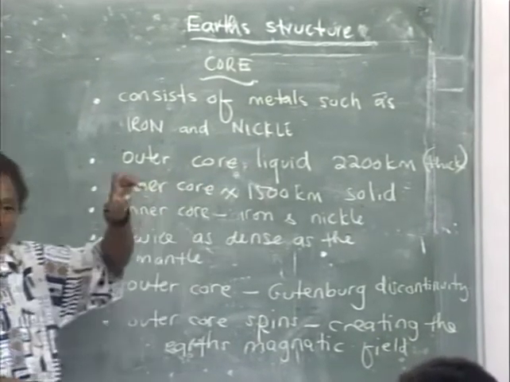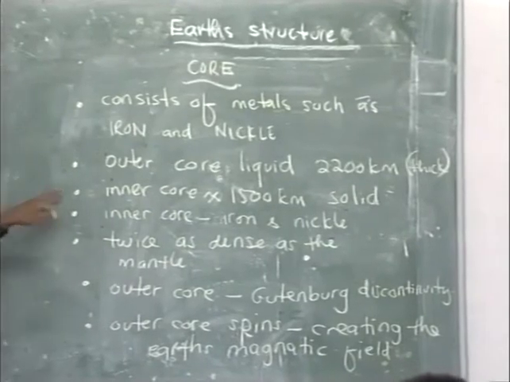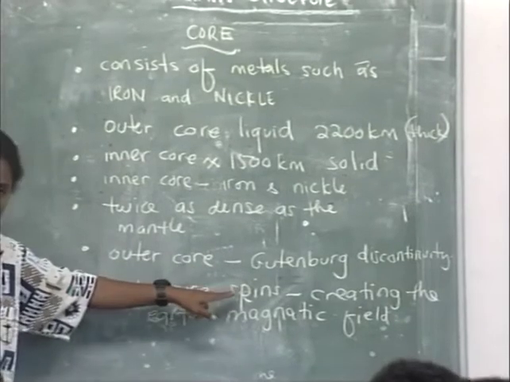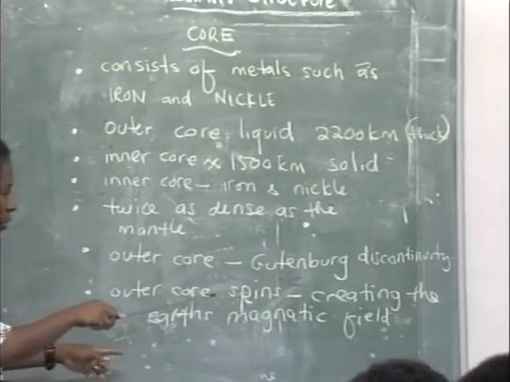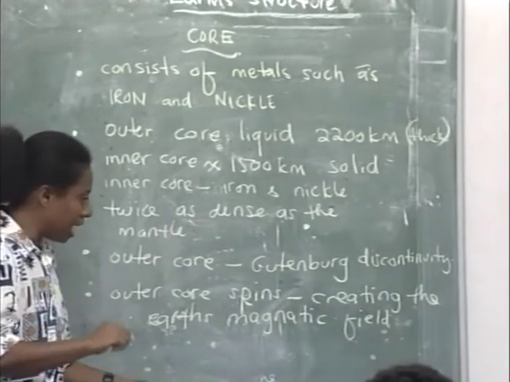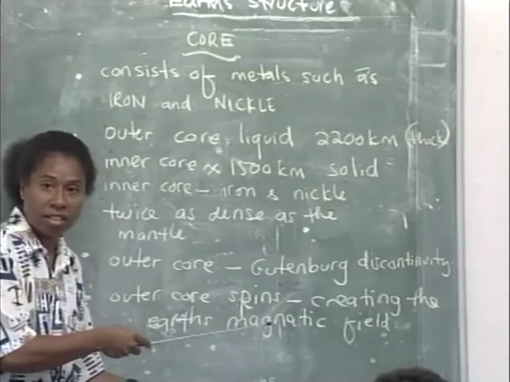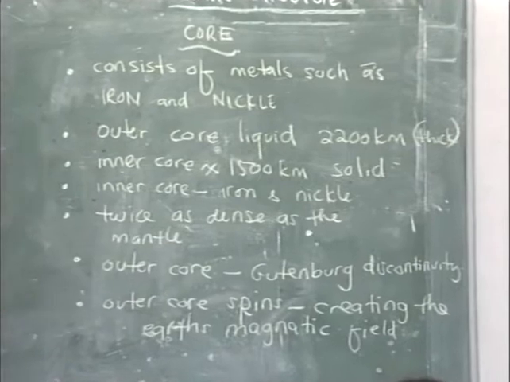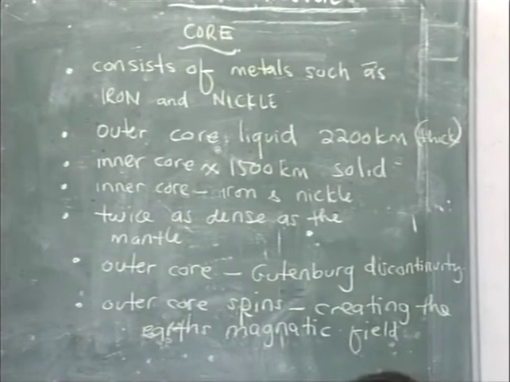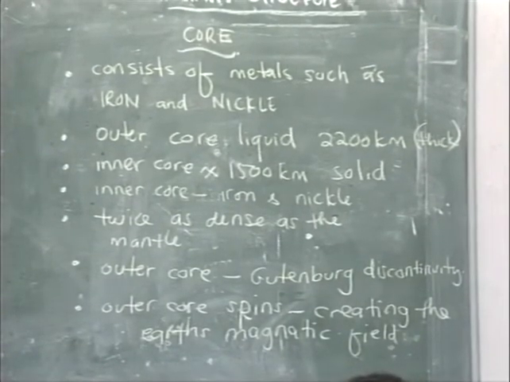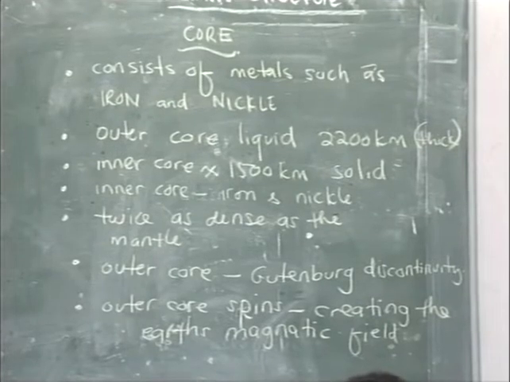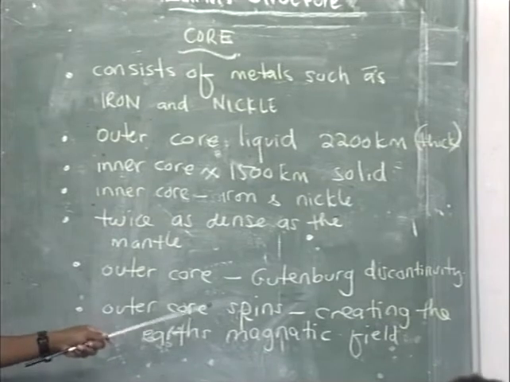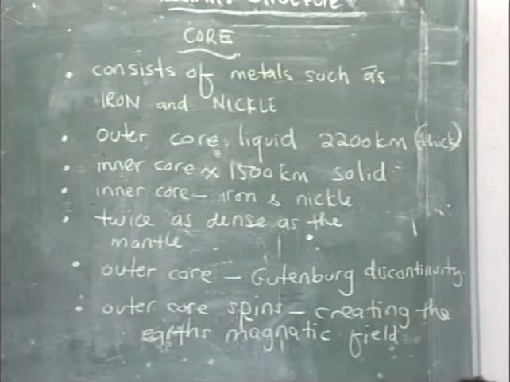And because the Earth rotates, the outer core also spins, and that contributes to the creation of the Earth's magnetic field. This is another important characteristic you could include for the core, mainly the outer core we're referring to here. The inner core is solid, so this does not concern the inner core. It concerns only the outer core.